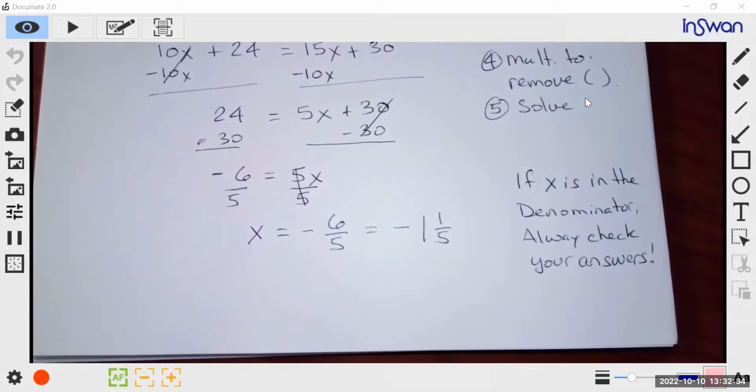Because sometimes it'll make it unusable. I mean, you should always check your answers, but if you're going to be lazy about it, definitely do it if x is on the bottom.